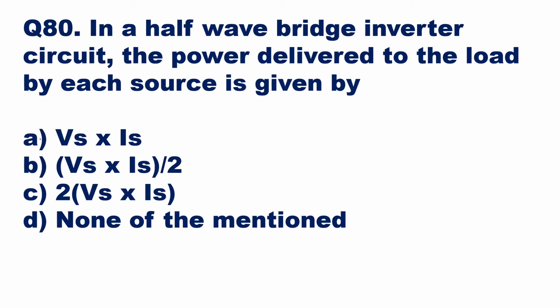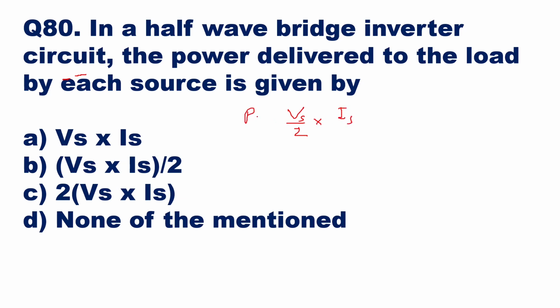In a half-wave bridge inverter circuit, the power delivered to the load by each source is given by. Okay. Now here, the power delivered to the load in a half-wave bridge circuit. So in half-wave bridge circuit, we have seen that there were two sources of the voltage, and therefore the voltage will be, so if you see, the voltage will be Vs by 2, multiplied by the current Is will give the power.